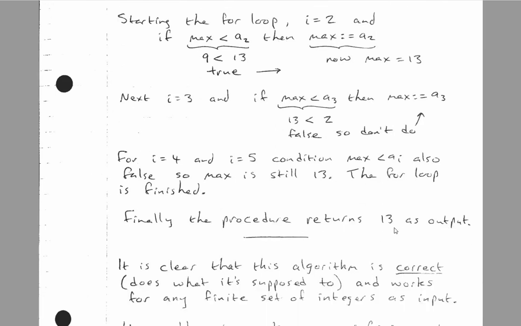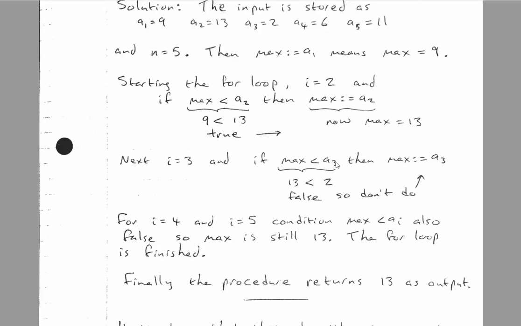That's the output. This comparison is the key step: if the maximum that you've currently found is less than the next number, then change your maximum to that bigger number.